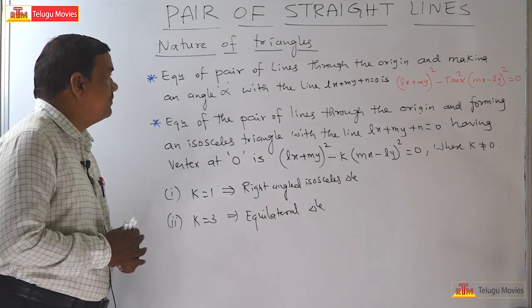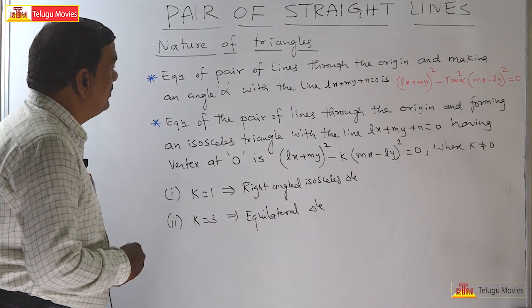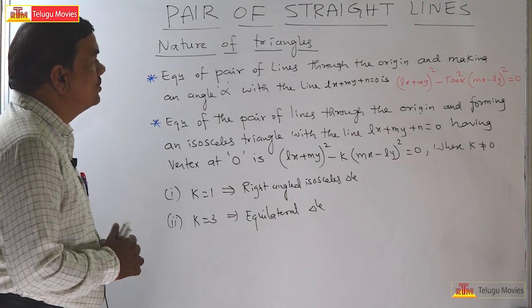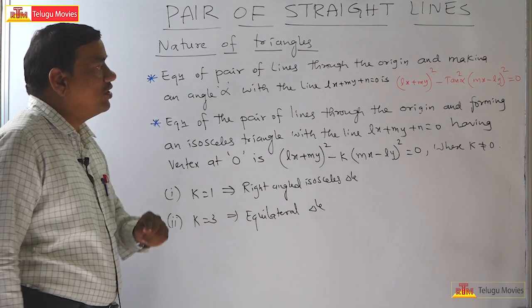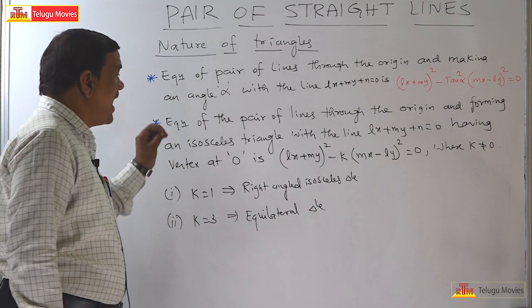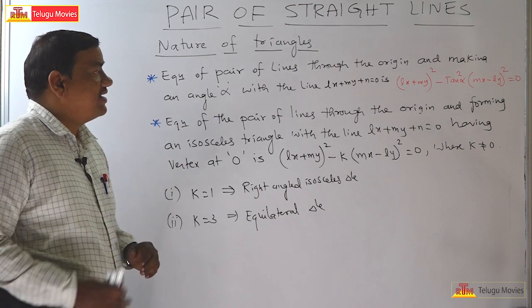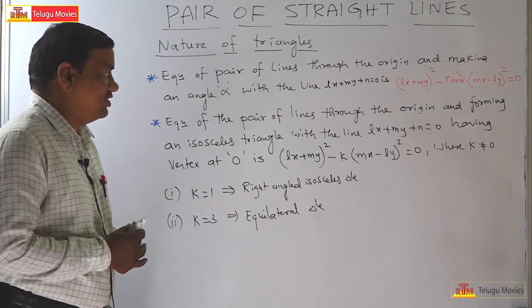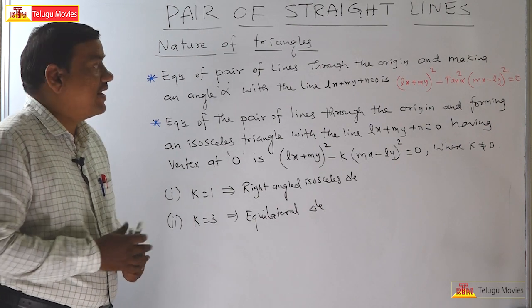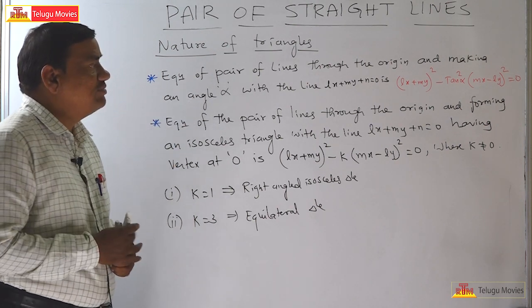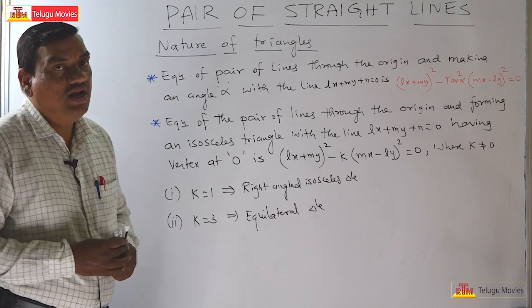See the first one. The equation of the pair of lines through the origin and making an angle alpha with the line Lx plus My plus n equal to 0 is (Lx plus My) whole square minus tan square alpha times (Mx minus Ly) whole square.